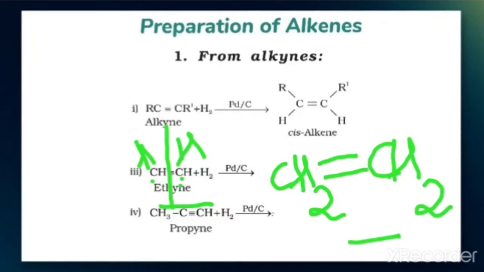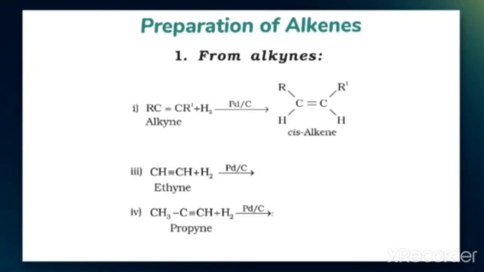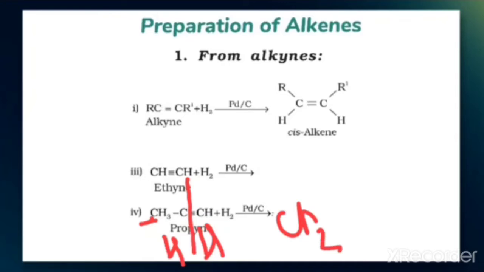Similarly, for the next one, focus on the triple bonded carbons here. Now you have to add one hydrogen here and one hydrogen here. So this CH3, the rest of the part will be as it is, I am writing as it is.